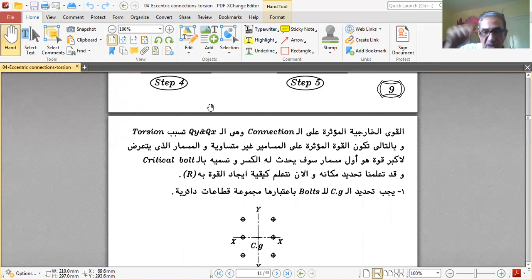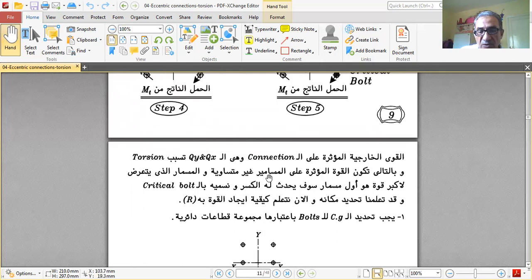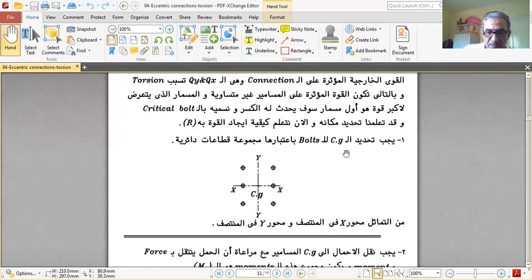If this one fails, the whole connection fails. If this one is safe, every other bolt is safe, and the connection is safe regarding this failure mechanism. Now we have learned how to define the location of the critical bolt, and now we're going to see how to get the resultant in the critical bolt.